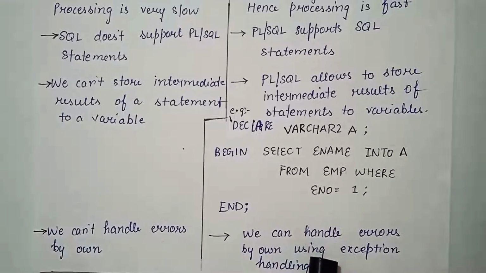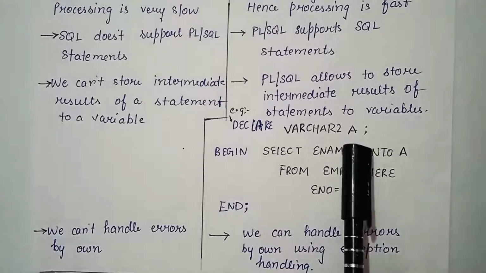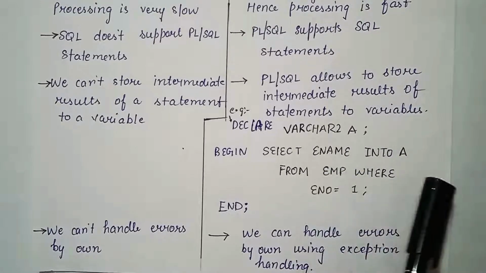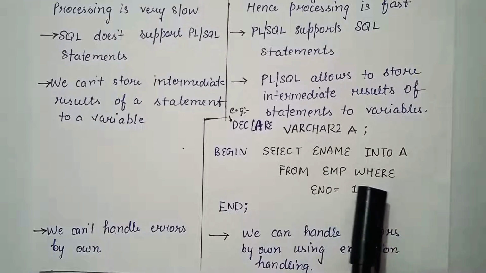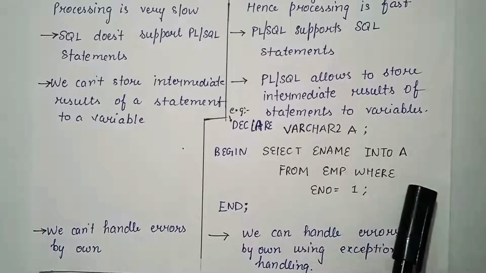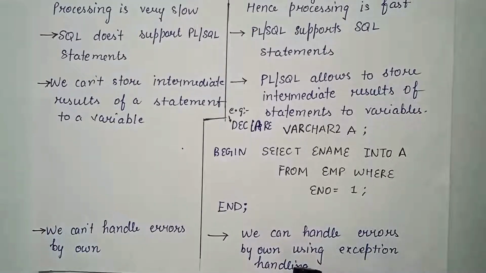But in PL/SQL there is an exception handling mechanism. With the help of exception handling, we can define our own exception solutions. We can raise an exception from the begin block, in a particular statement where we think there may be chances of getting an error. Then we can handle those errors on our own using the concept of exception handling.